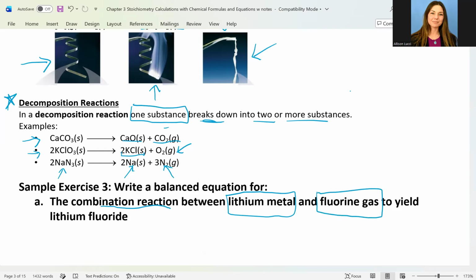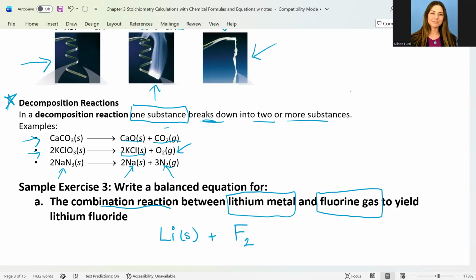So let's write down what we know so far. We have lithium metal, that's going to be solid. And for metals, we just write a single elemental symbol. So this is lithium, and this may or may not be balanced. We may only need one. We'll find out when it combines with fluorine gas. And fluorine was one of those diatomic molecules that always has a 2 subscript.